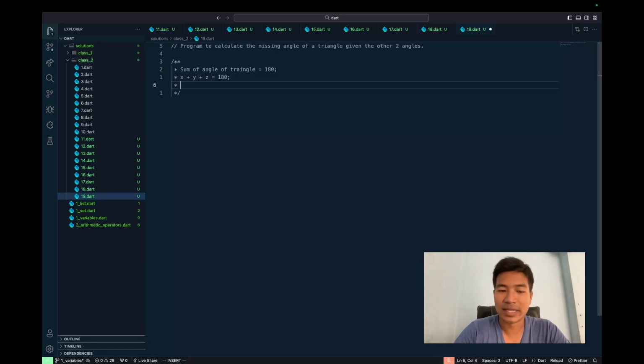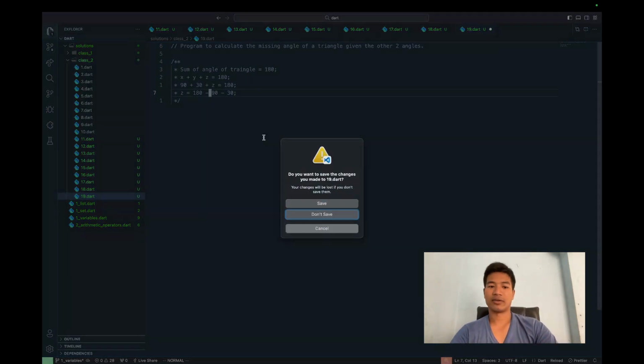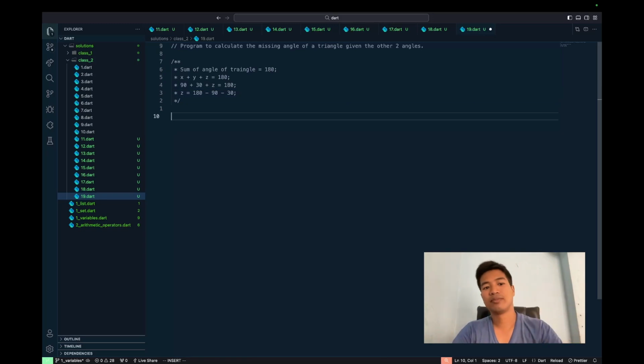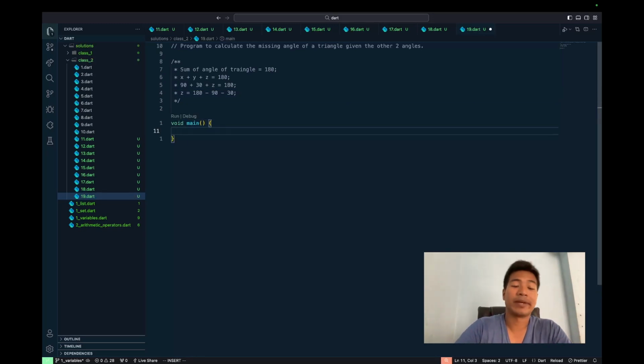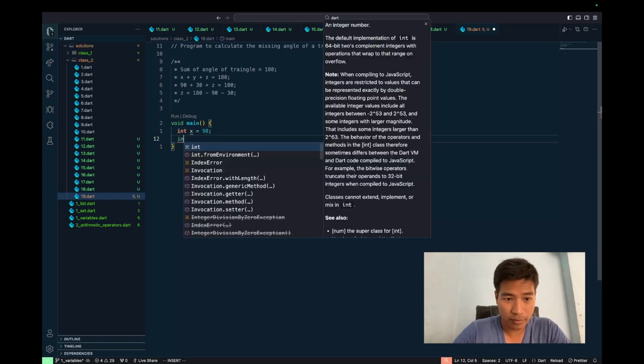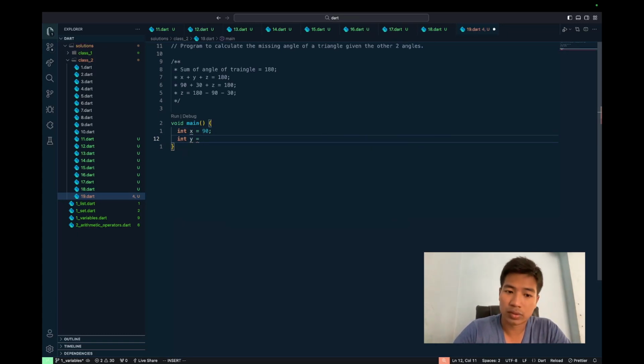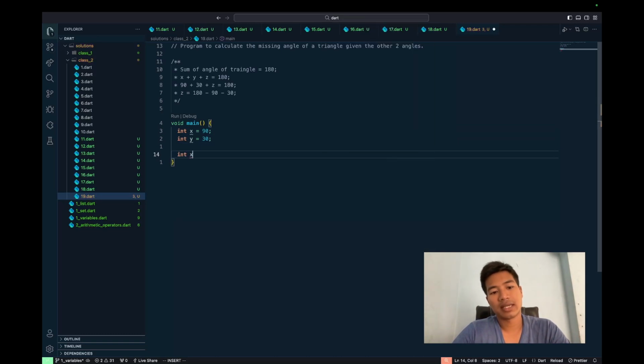Let's say x value is 90 and y value is 30. So z value is 180 minus 90 minus 30. Simple algebra. In the program, angle 1 is 90, angle 2 is 30, and angle 3 is 180 minus angle 1 minus angle 2.